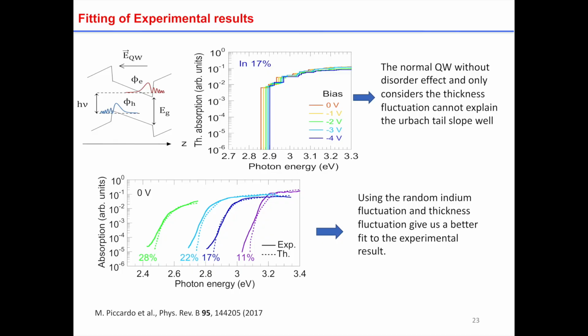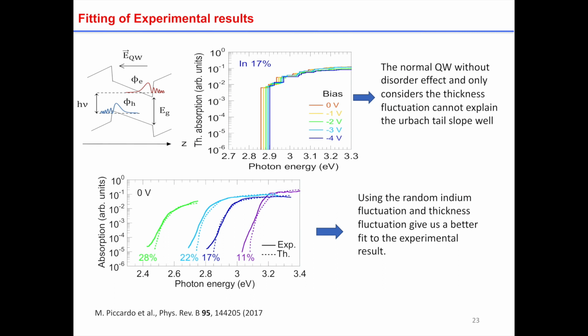It will have to be justified later. But if we look as a function of composition at the Urbach tail, the absorption edge of indium gallium nitride quantum wells, you see that indeed they fit quite well.